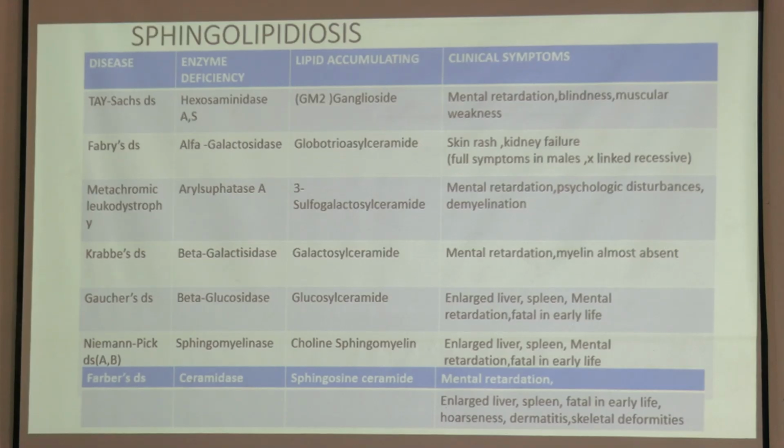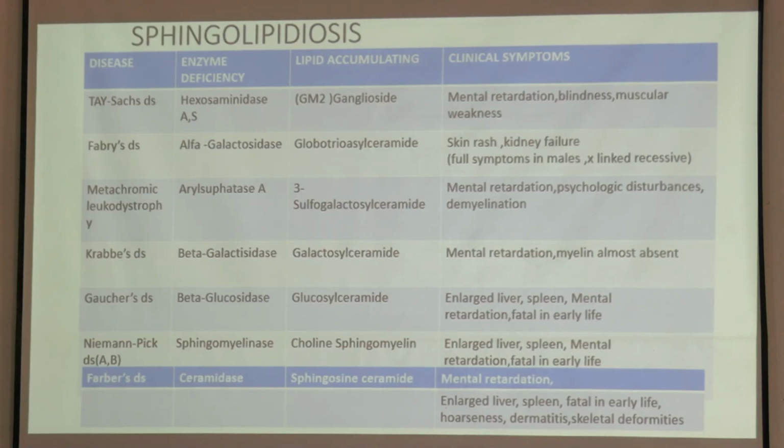Other than neural tissue, extraneural is glucosylceramide, found in very small amounts in the brain also. And sphingomyelin, you know, we can see in the myelin sheath of nerve tissue, and in the cell membrane also, and ceramide.